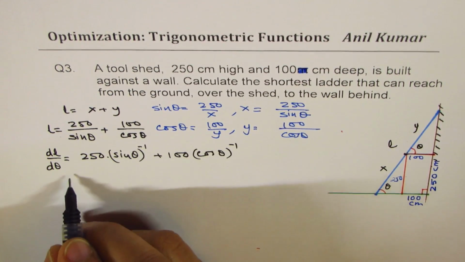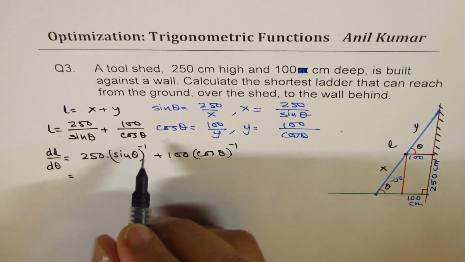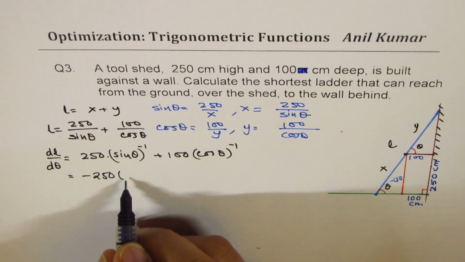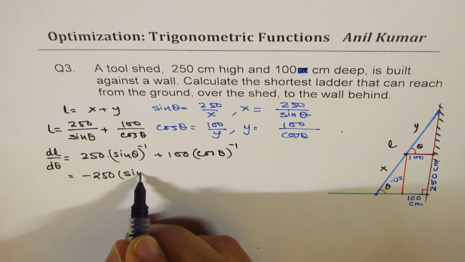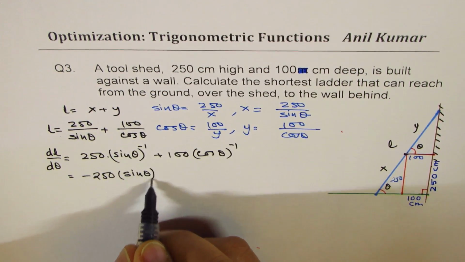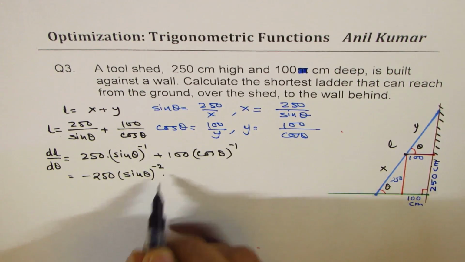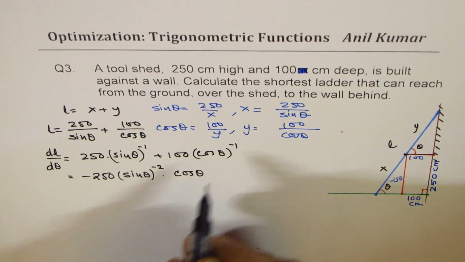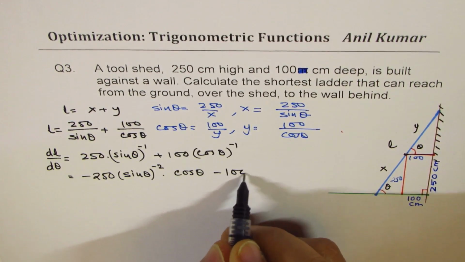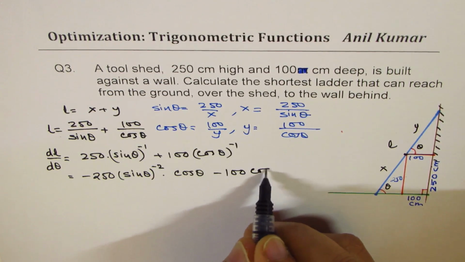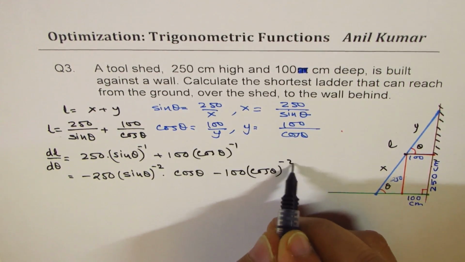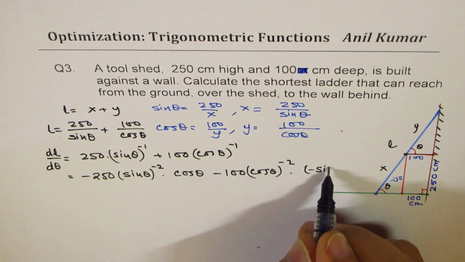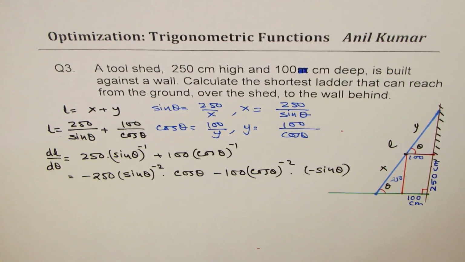So now the derivative, applying the power rule, we get negative 250 times sine theta to the power of minus 2 times the derivative of sine theta, which is cosine theta. Perfect. Here we get negative 100 times cos theta to the power of minus 2 times the derivative of cosine theta, which is minus sine theta. Perfect.